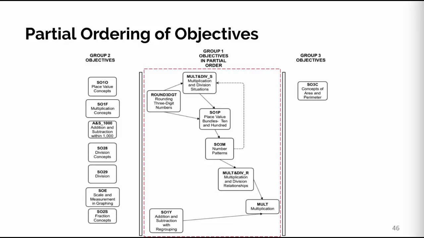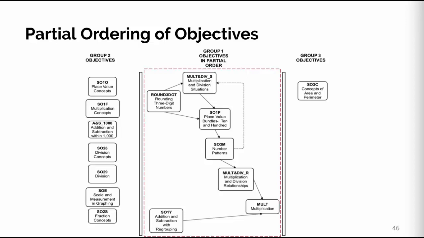One reason for this could be that round 3DGT teaches students the concept of nearest whole numbers and the puzzle environment for mult and div_s is quite similar to that of SO3M. This most likely prepares the students for success in SO3M.